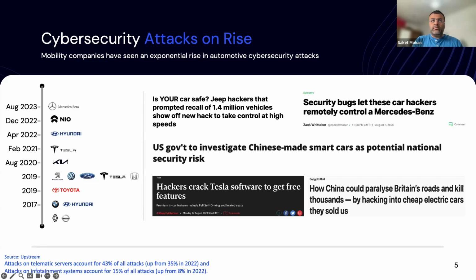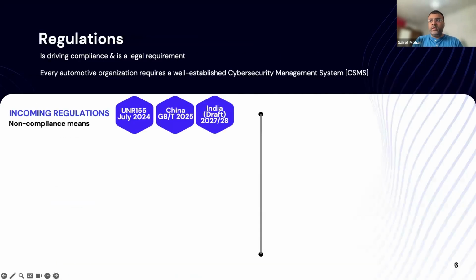But equally, there are incoming regulations, particularly around the US and how the UK is viewing these kinds of threats, because it's not just limited to threats on the critical national infrastructure, but because vehicles are a part of that critical national infrastructure, that actually drives the demand for these types of technologies and solutions.